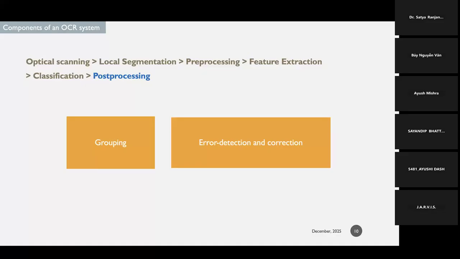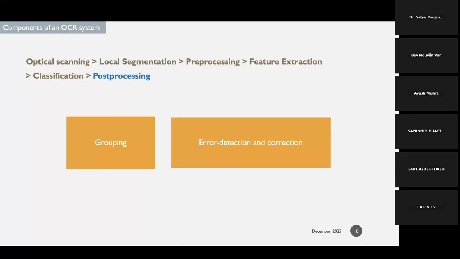Probabilities obtained from the classification may help to identify the character which has been erroneously classified. If the word is present in the dictionary, this importantly does not prove that no error occurred.